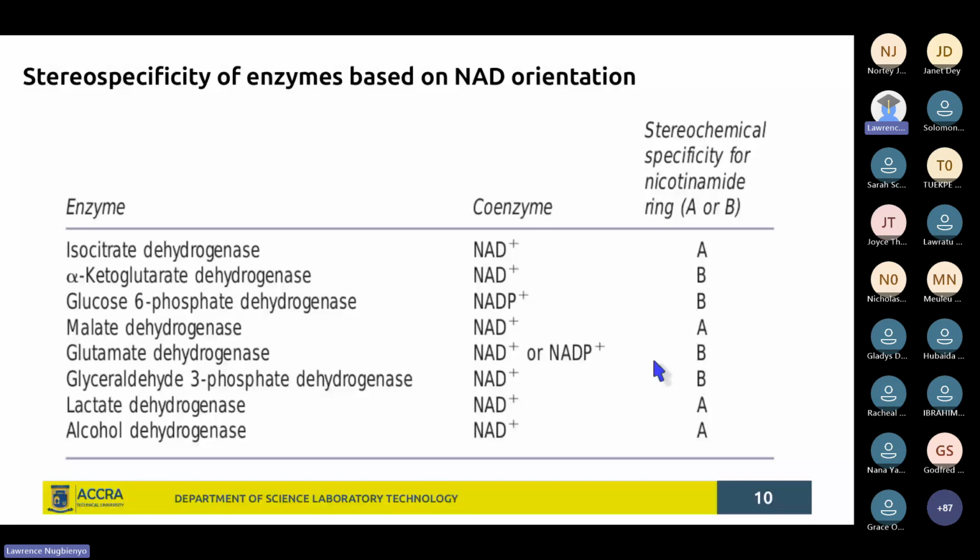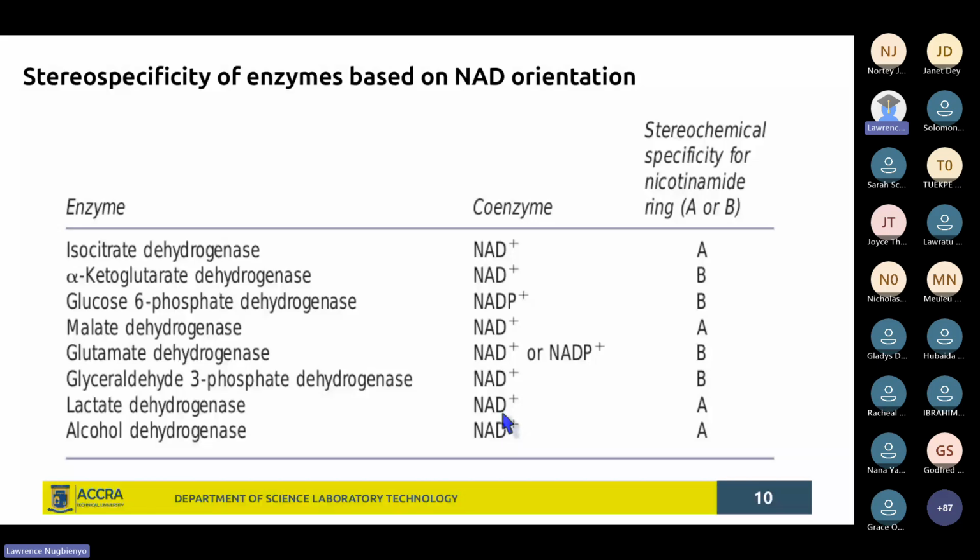And for the last two, lactate dehydrogenase and alcohol dehydrogenase, the hydrogen ion is going to be binding to the front side of the NAD, the nicotinamide nucleotide coenzyme. I mean, that is in the process of the transfer of electrons.